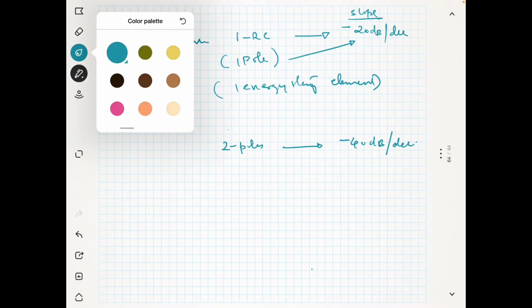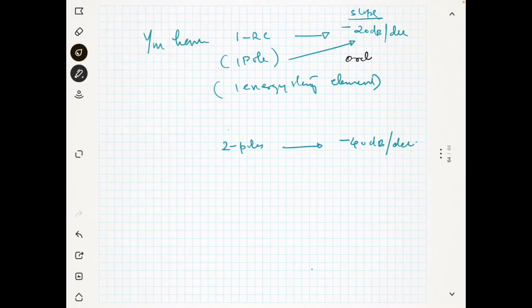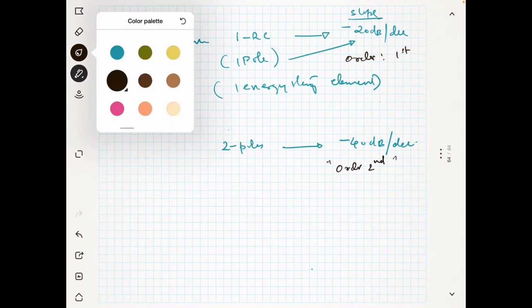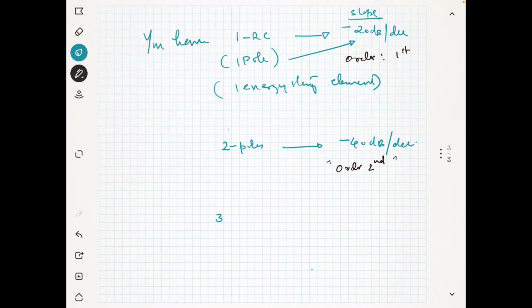For the first case, the order of the filter is first order, because there is only one pole. And what is the order of this filter? The order is second order, because you have two poles. Now if you have three poles, the slope is minus 60 dB per decade, and the order is third order.